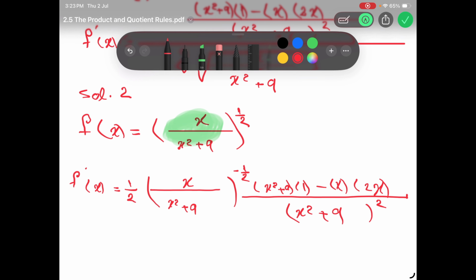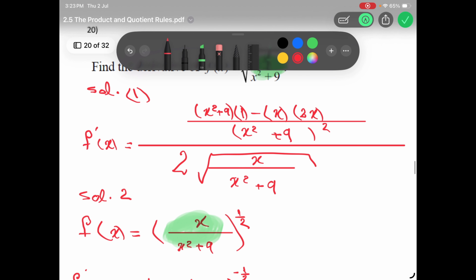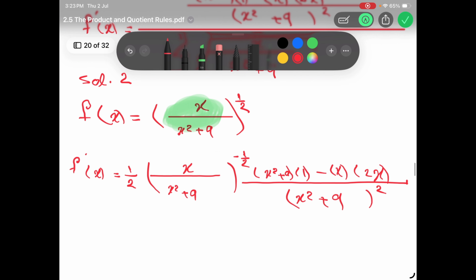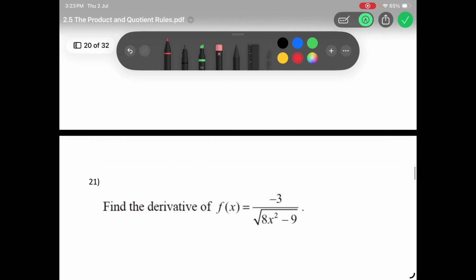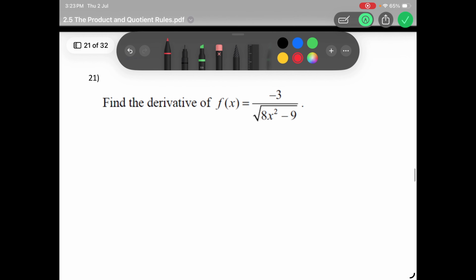So here we have two solutions. They are different in shape, but they are exactly the same. So you can go with either one of them. And here I have a constant over a function, and here we have this rule of minus. I will solve this in two different ways.